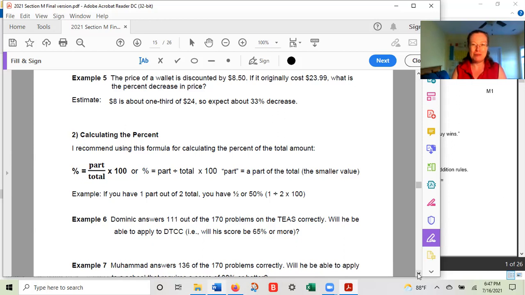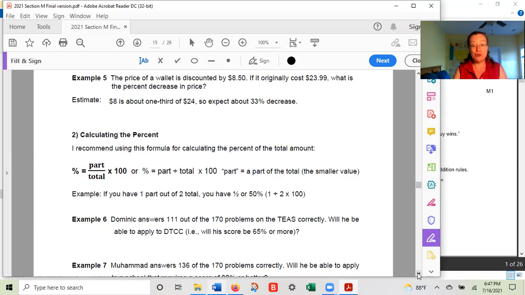Let's take a look at example 6. Dominic answers 111 out of the 170 problems on the test correctly. And the question is, will he be able to apply to Durham Tech, which, as far as I know, as of July 16, 2021, is having a score of 65% or more.